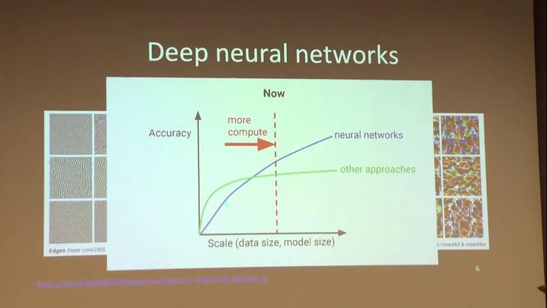Before, we didn't have a lot of data, and we could not build bigger models because we didn't have the compute power to train such big models. Now we have a lot more compute power and a lot of data. Because of that, we can build bigger models and train them in a relatively shorter time. That's the secret sauce of the recent emergence of deep learning methods.